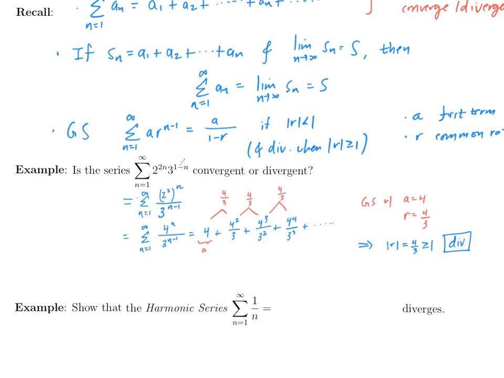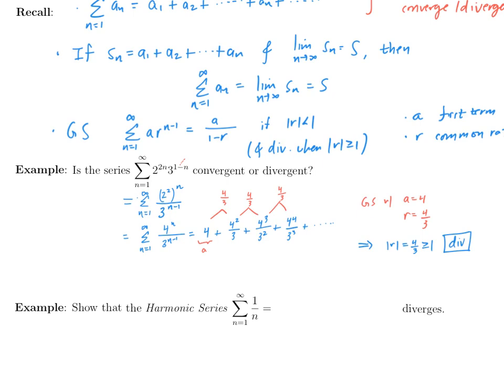And I know the question's always kind of, what do we have to show? Well, somehow you have to indicate what r is, tell me its absolute value is bigger than or equal to 1, and make that conclusion that it diverges. Another thing to note is our indication that we had a geometric sum was when you have numbers like 2 and 3 raised to these quantities involving n.